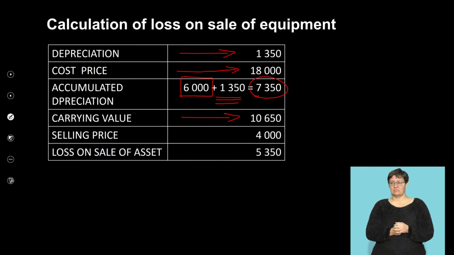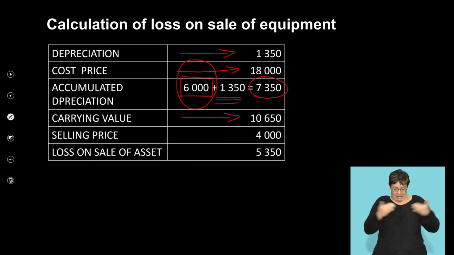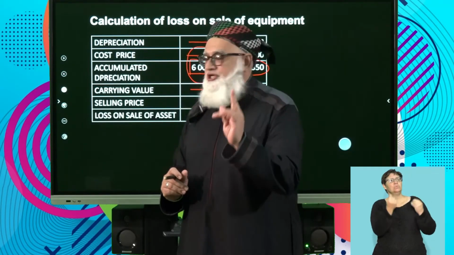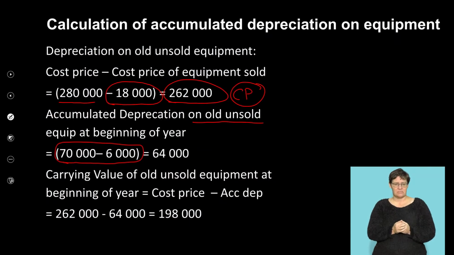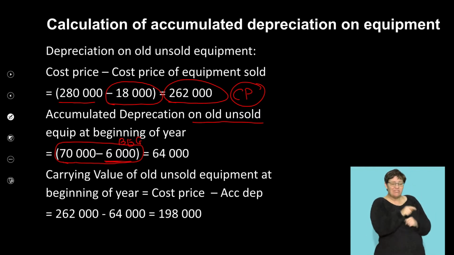Can you see this 6,000 Rand here is your beginning of the year balance, right? So therefore, when you are doing your calculation, very important, it is always the beginning of the year balance that you subtract. Got it? I repeat, you subtract the accumulated depreciation at the beginning of the year.